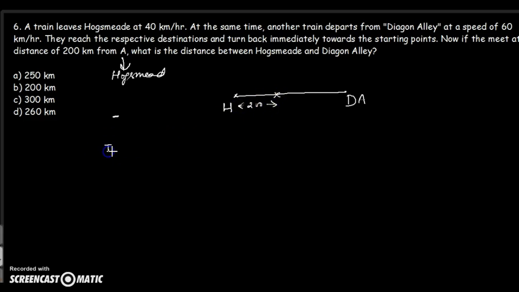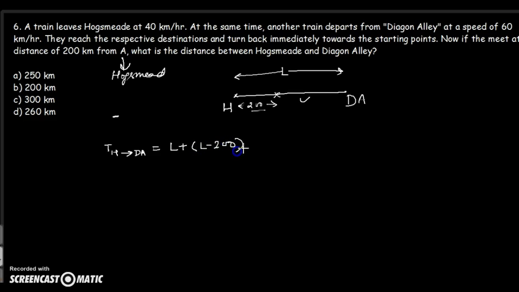If you think about the train that starts from Hogsmeade and goes to Diagon Alley and back, it covers a distance equal to this distance L, plus it comes back from Diagon Alley till this point. So if this length is 200, this is L minus 200.